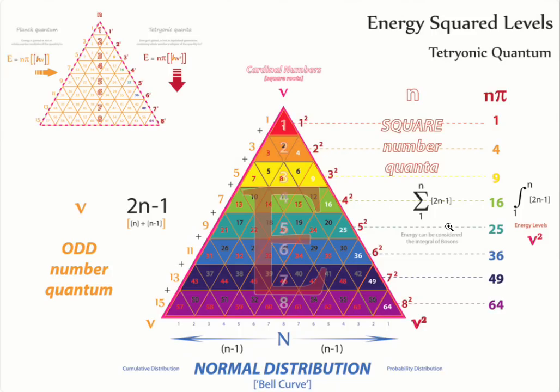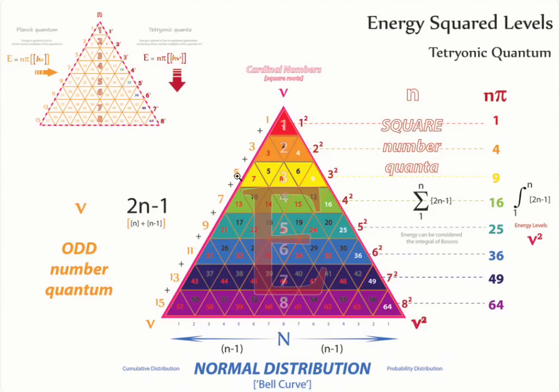We can obviously denote the quantization of energy in a number of ways, but specifically within Tetryonics, we denote it with Planck's constant. In this case, bosons are denoted as being h nu geometries. They're all odd numbers, and where you see h nu, you know that it refers specifically to the odd numbered boson energy levels of scalar energy.